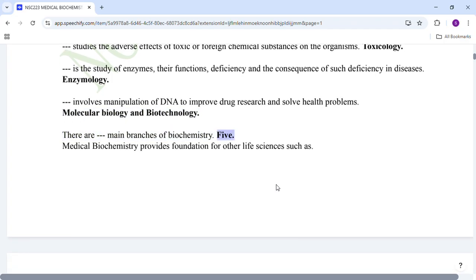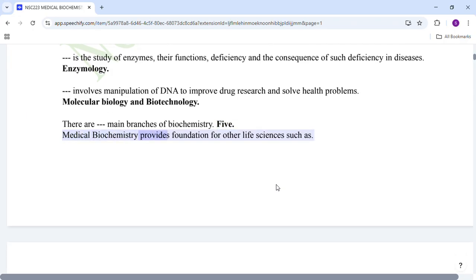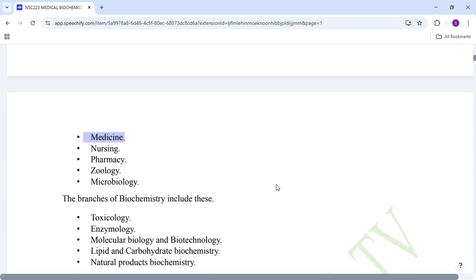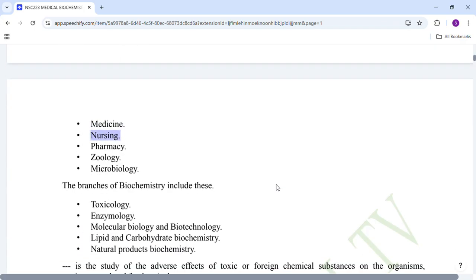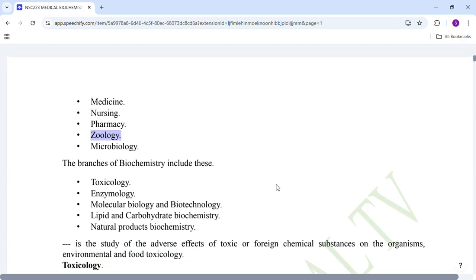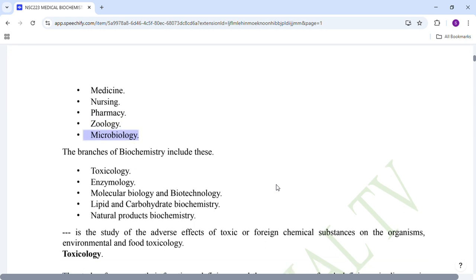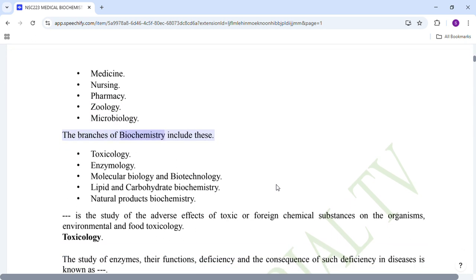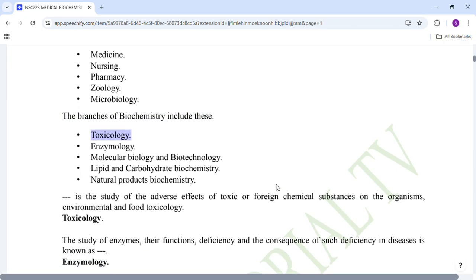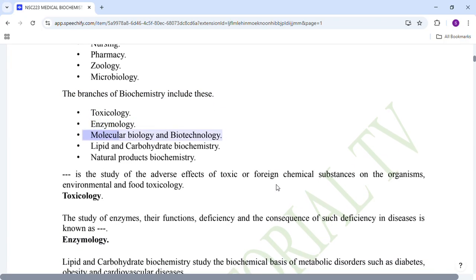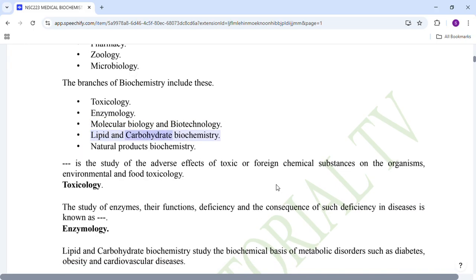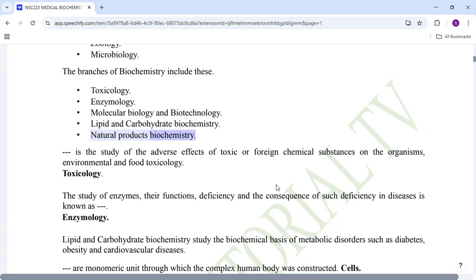There are five main branches of biochemistry. Medical biochemistry provides foundation for other life sciences such as medicine, nursing, pharmacy, zoology, microbiology. The branches of biochemistry include toxicology, enzymology, molecular biology and biotechnology, lipid and carbohydrate biochemistry, natural products biochemistry.